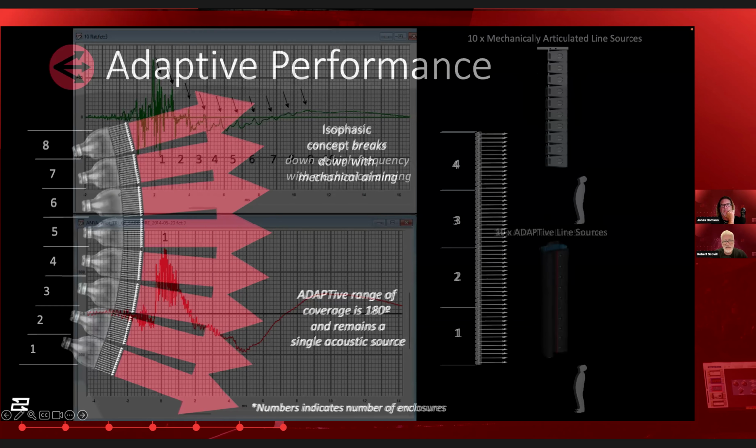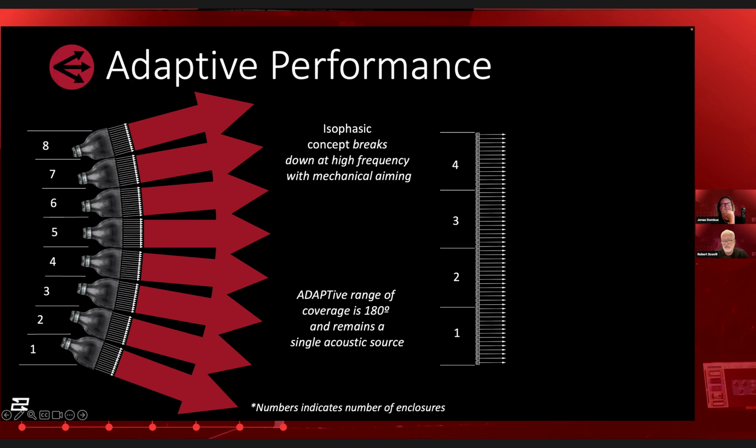So if we start looking at angular aspects of both arrays, it really is just a story of angular resolution here, right? Whereas in a mechanically articulated line source, if we want to increase vertical coverage, we typically have to increase the cabinet count. This is especially true when we have steep coverage.